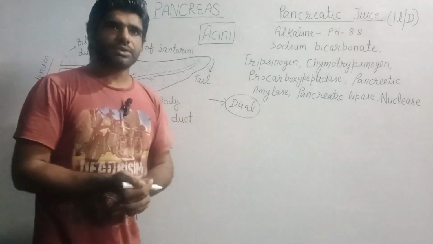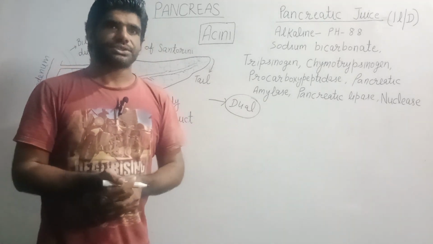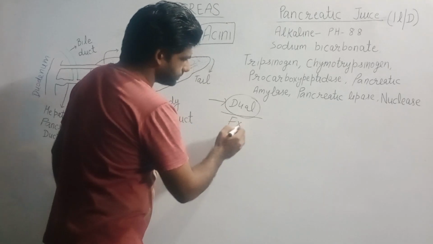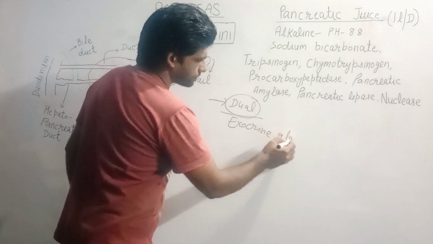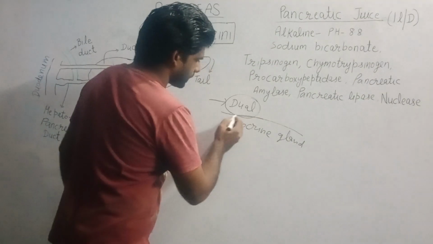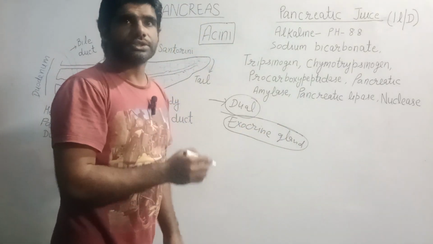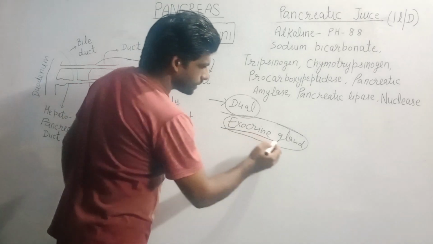In today's lecture, we will discuss about only its exocrine function. So, what is exocrine gland? If a gland releases its secretion through ducts, then it is known as exocrine glands.